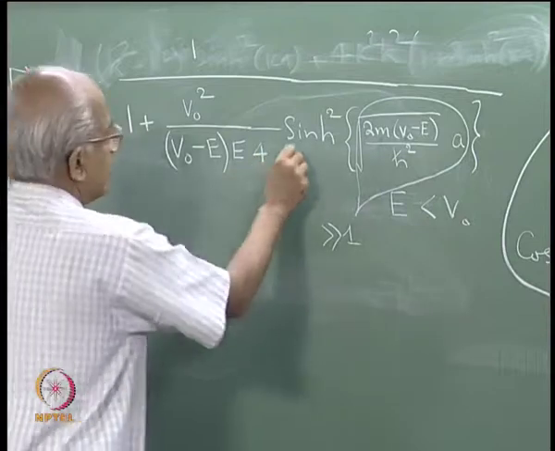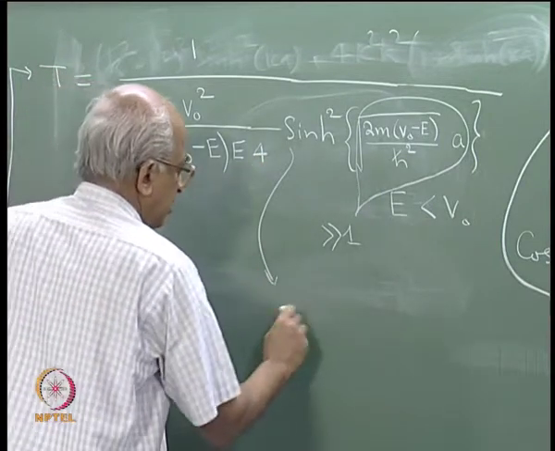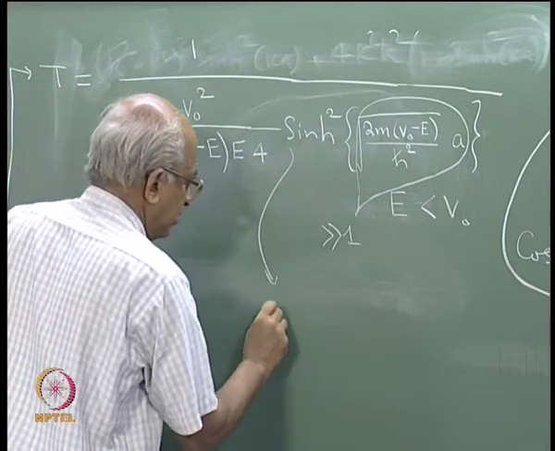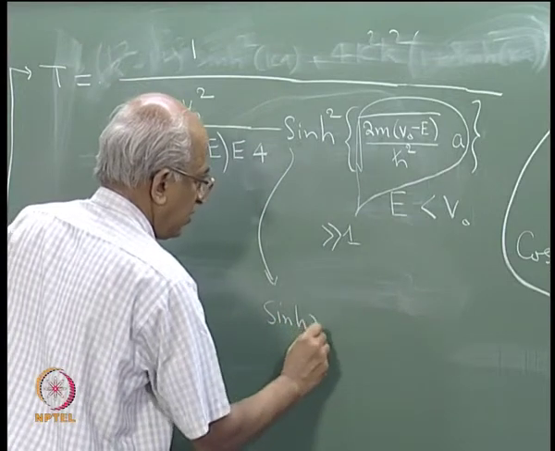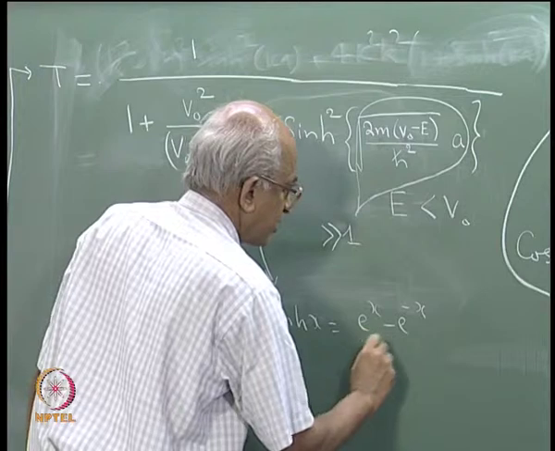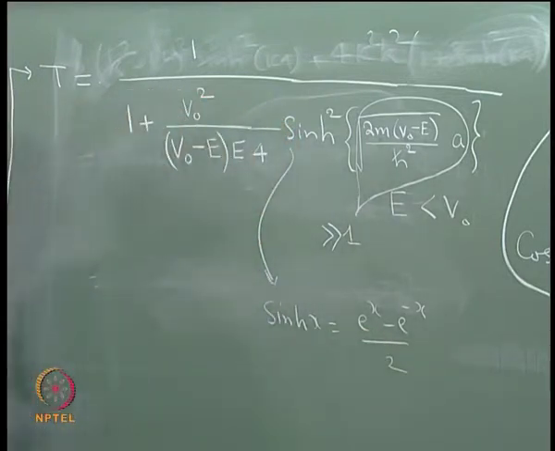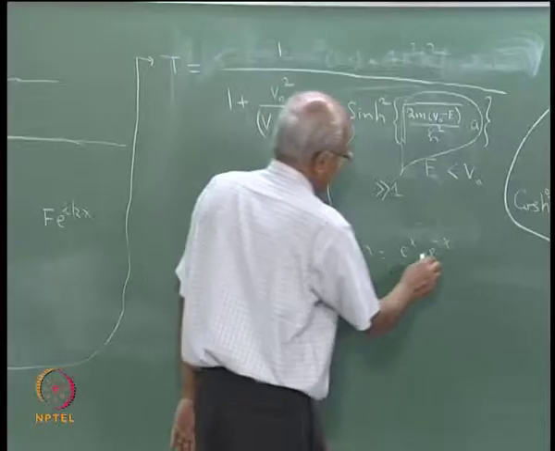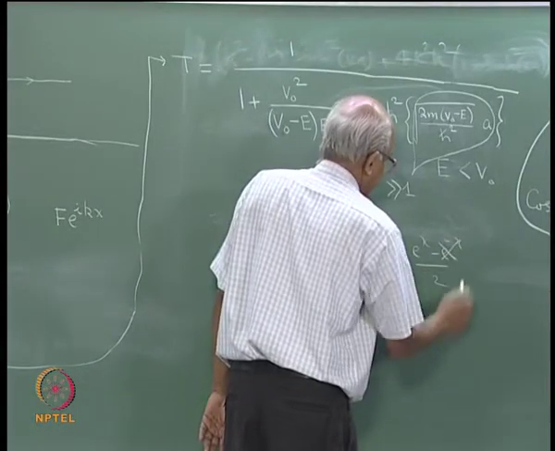See, sinh x is e to the power of x minus e to the power of minus x divided by 2. And if x is very large, which is what we are thinking of, this e to the power of minus x can be neglected.